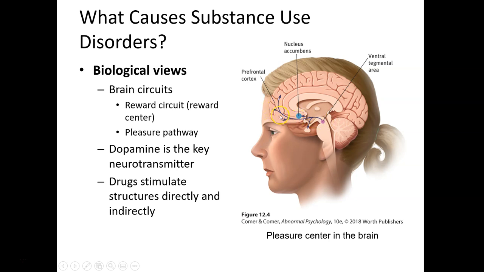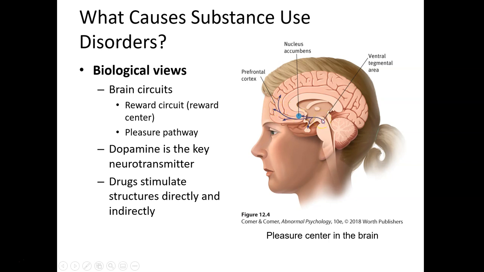So when I eat chocolate cake, or if I receive praise from my adored professor, or if I have sex, or if I'm a man and I see a very physically attractive woman, all of these things are going to cause dopamine to be released in this pleasure center.